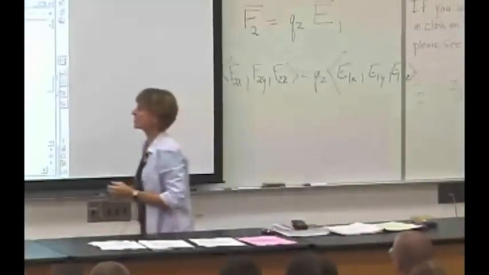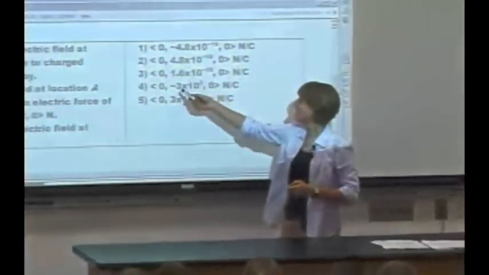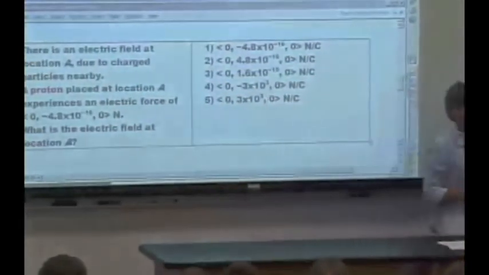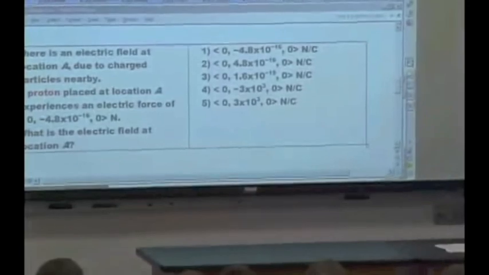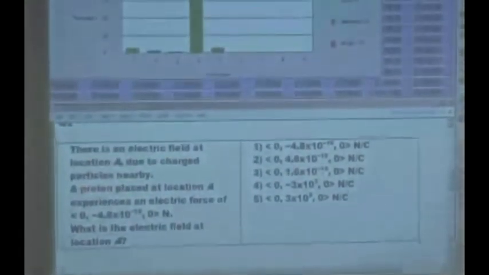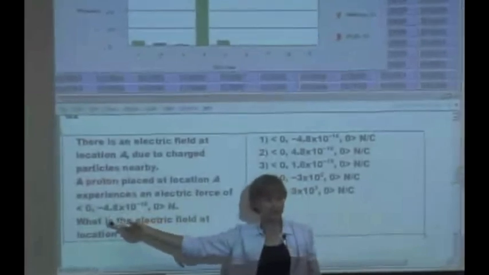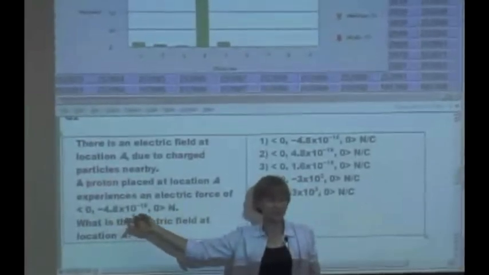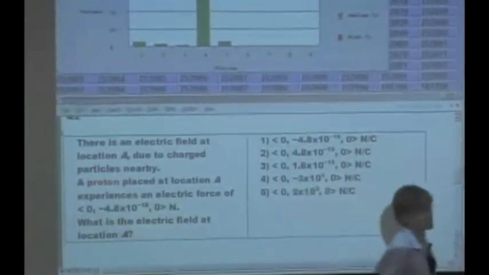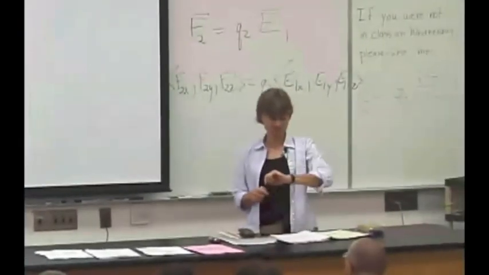So you have to divide by q, and so I believe that 4 is the right answer. We have negative 4.8 times 10 to the minus 16 divided by positive 1.9 times 10 to the minus 19th, and we get a negative 3 times 10 to the third newtons per coulomb. Okay?